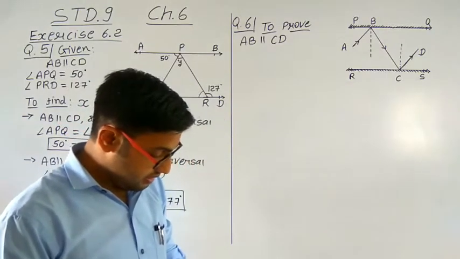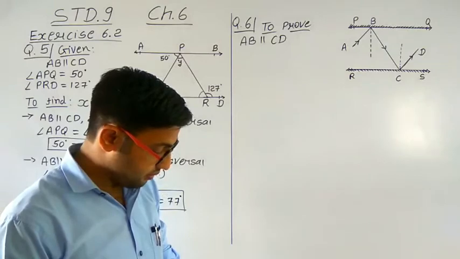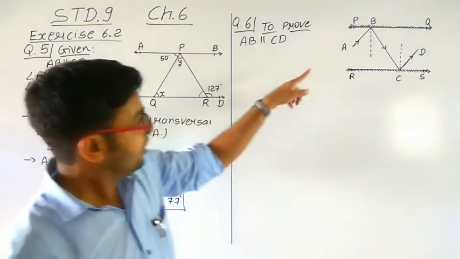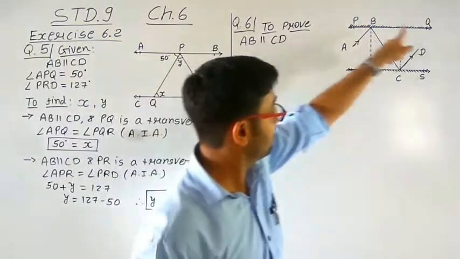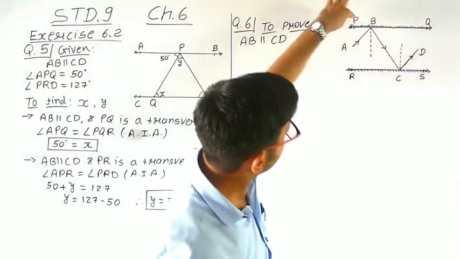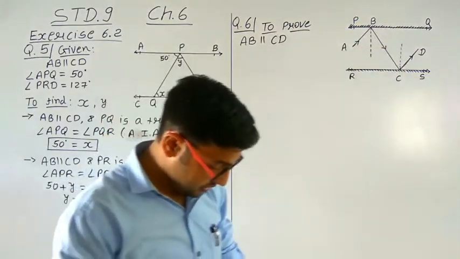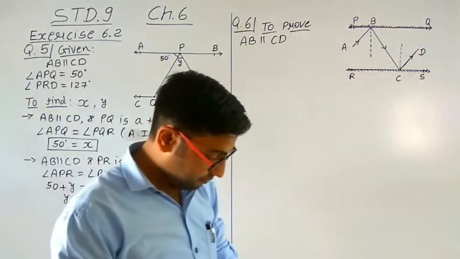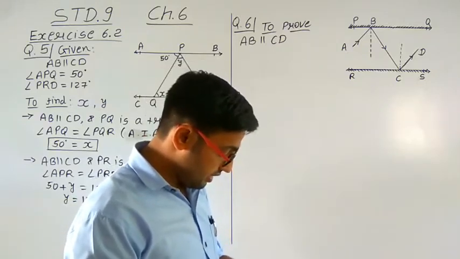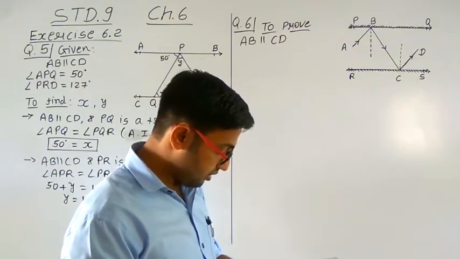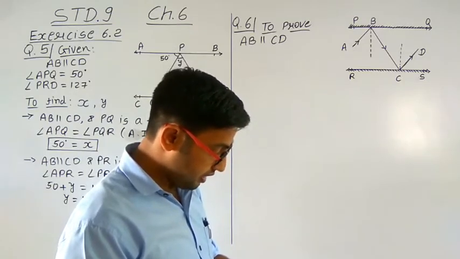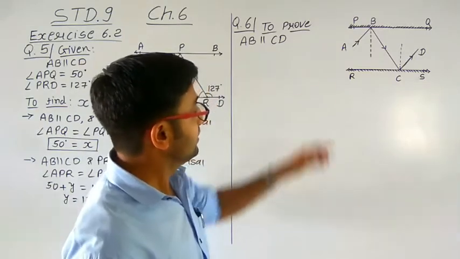An incident ray AB strikes the mirror PQ at B. One of the rays AB strikes this mirror PQ at a point B. From here this ray reflects. The reflected ray moves along the path BC and strikes the mirror RS at C.